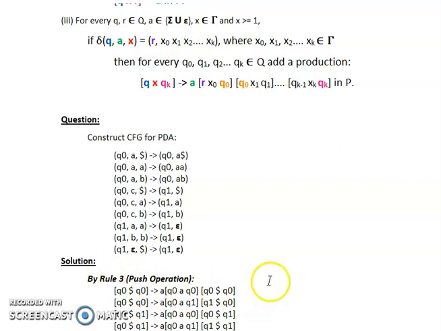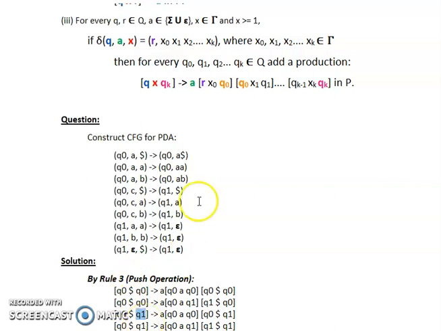Whenever you are having any kind of production, what are you going to check? You are going to check two things. First is how many states are there, and second, how many symbols in the stack are there. Suppose there are two states, that means you are going to have minimum two productions, with Q0 over here and Q1 over here on the left hand side.